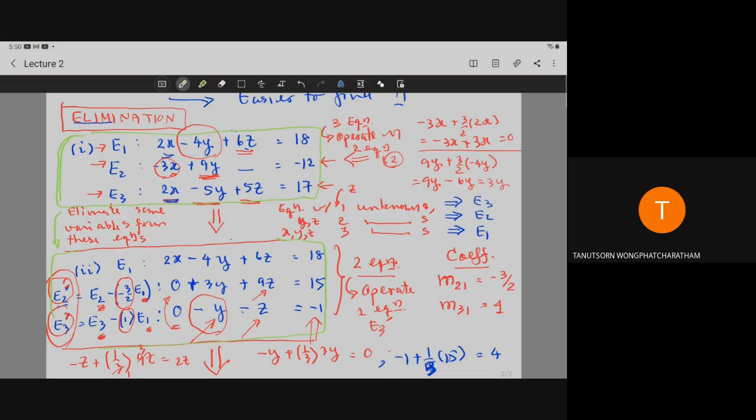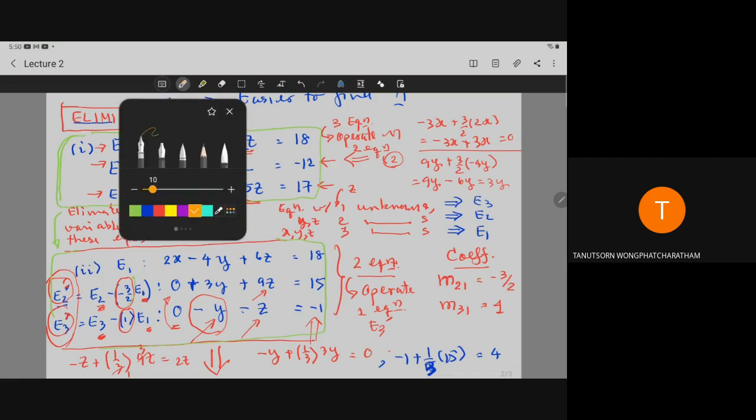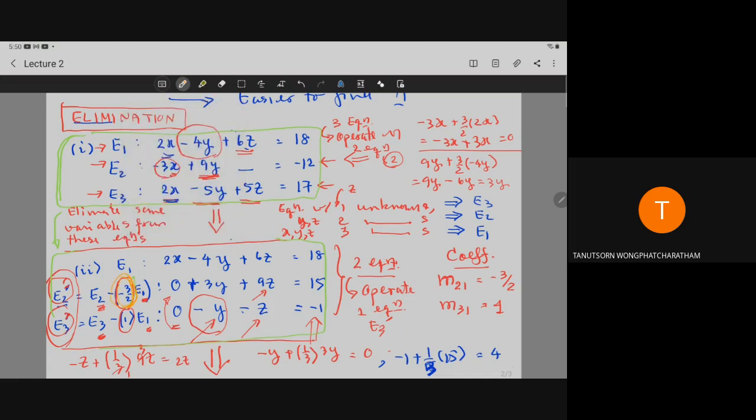And for each equation, what do we do? We multiply a constant value to each of the coefficients of the unknowns, and also the solution on the right hand side.